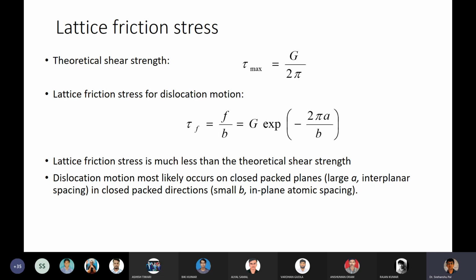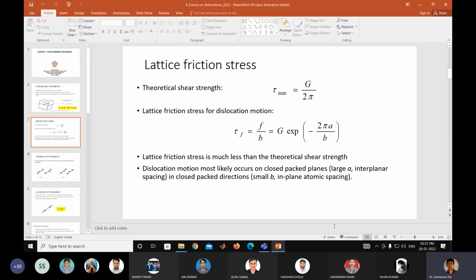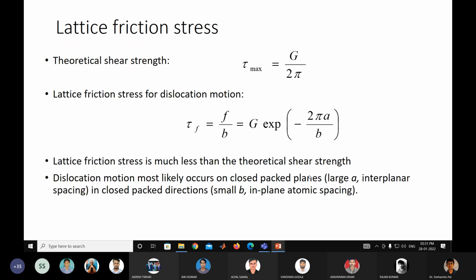Now, the lattice frictional stress for dislocation motion, tau F, is equal to f by b, and you can represent that as G by 2 pi a. You have to remember that the lattice frictional stress is much less than the theoretical stress.